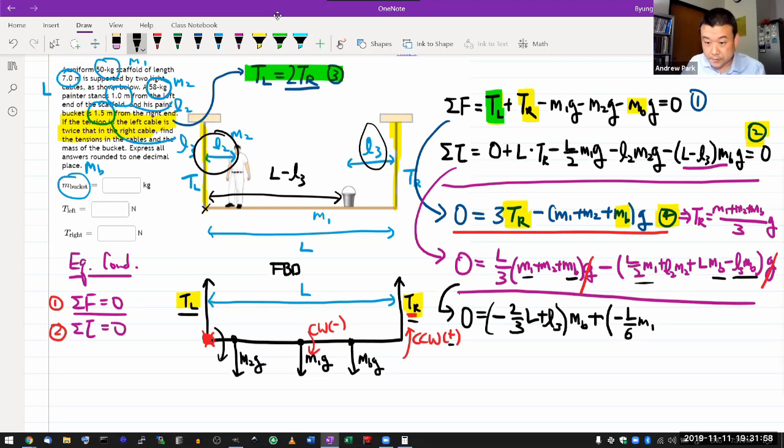Then I have M2 is going to be a bit of a mix. So I have plus L over 3 minus L2 M2. I already did all the MBs, so I think we are done there.